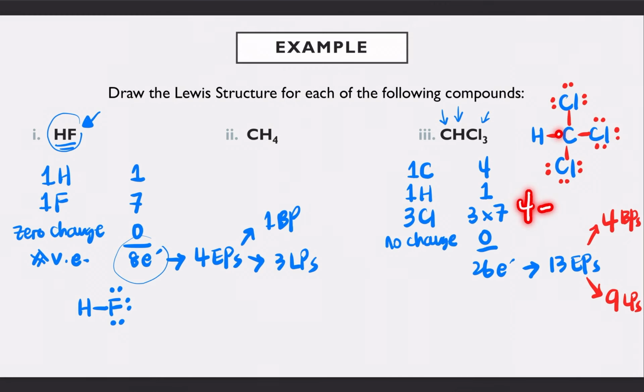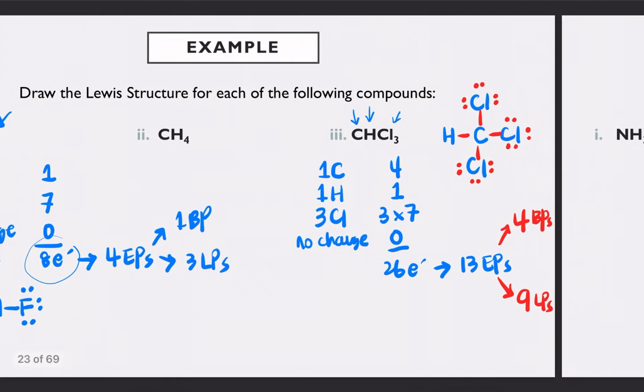Count the bonds, 1, 2, 3, 4. So 4 minus 4 is 0. So our central atom already has 0 formal charge. So with that, that means that our Lewis structure for CHCl3 is like so. We don't need to form any multiple bonds.